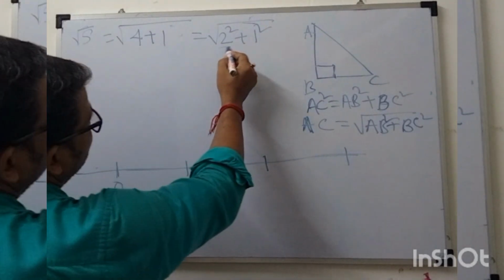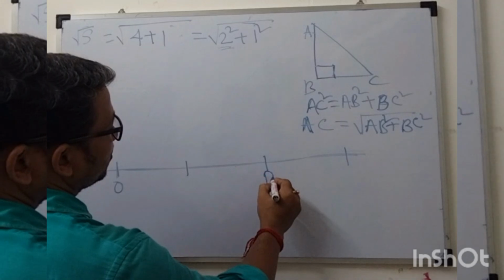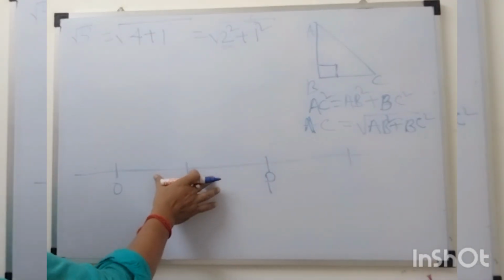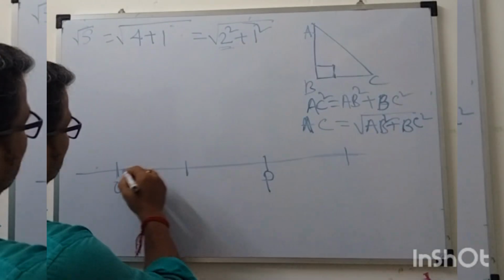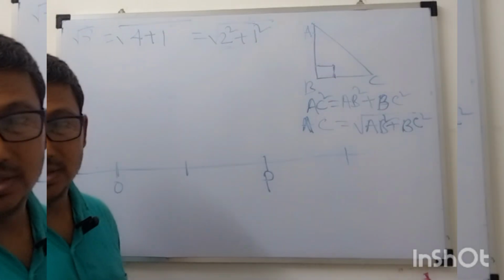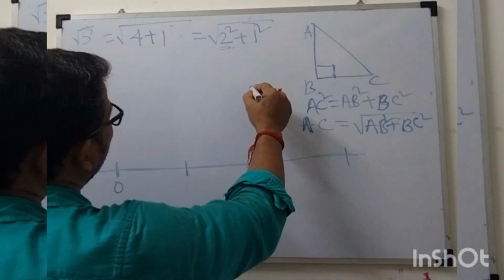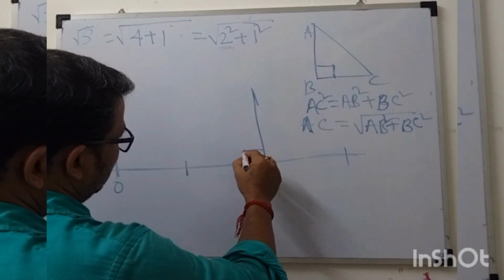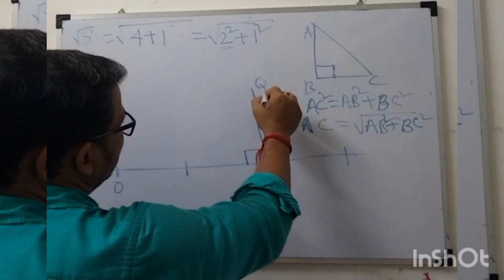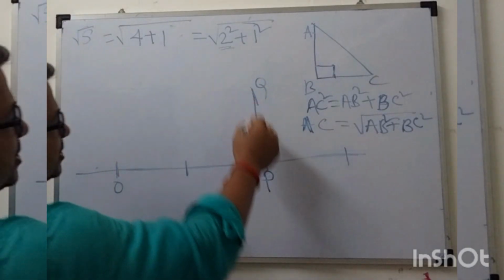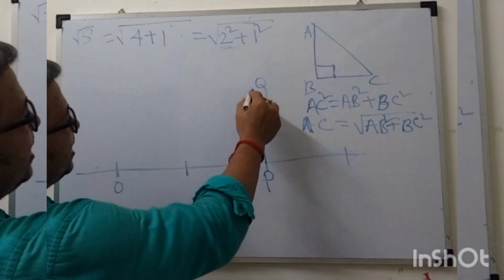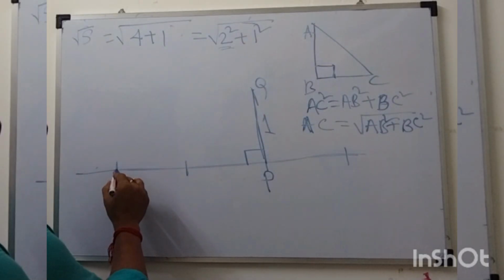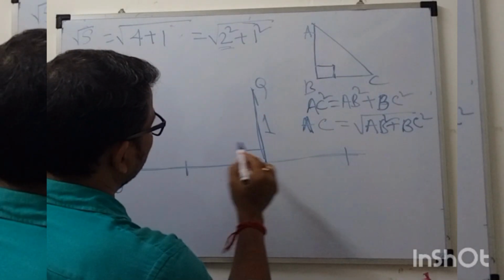Now we have to take a point P where OP is 2 units of length, and let us draw a perpendicular on OP. Suppose it is PQ. PQ is the perpendicular on OP, and PQ is of unit length and OP is of 2 units length.